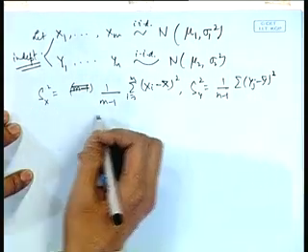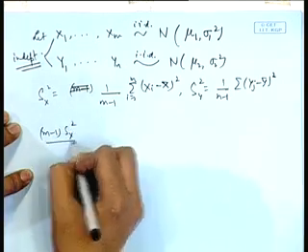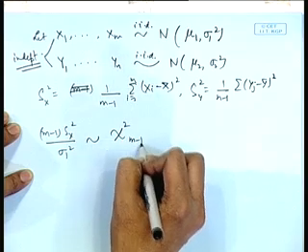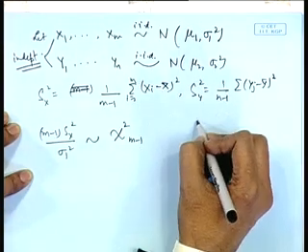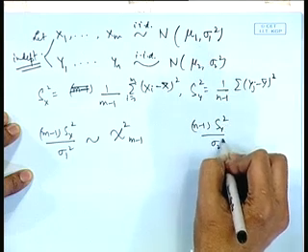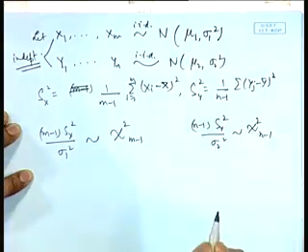Then by the theory of chi-square, (m minus 1) Sx square/sigma1 square follows chi-square distribution on m minus 1 degrees of freedom, and (n minus 1) Sy square/sigma2 square follows chi-square distribution on n minus 1 degrees of freedom.